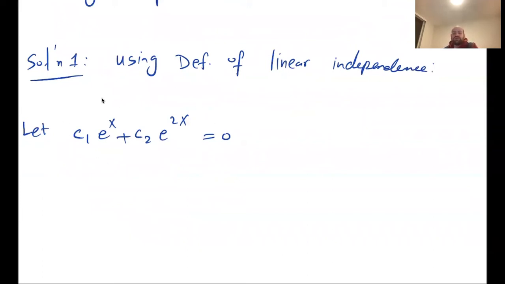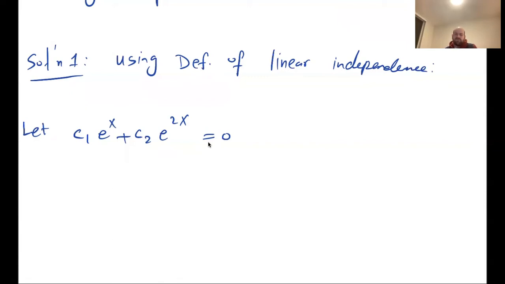So when we say that a function equals 0, we mean that it's equal to 0 as a constant function, meaning that the left-hand side is equal to 0 for every value of x. So let this be equal to 0.